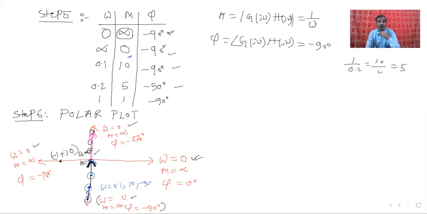The total design is called the Nyquist plot. This portion is actually the polar plot and this portion is the Nyquist mirror image, and the total plot is the Nyquist plot. But this is open loop.